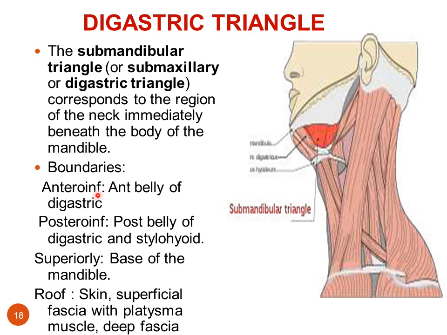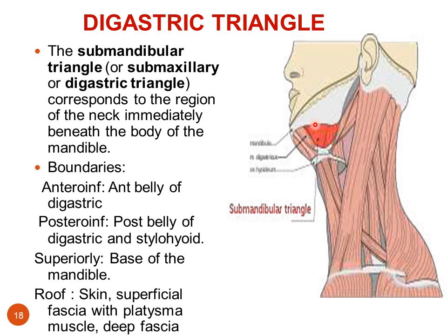Boundaries, if you see: anteriorly it is bounded by the anterior belly of the digastric, posteriorly by the posterior belly of the digastric, and superiorly by the base of the mandible.